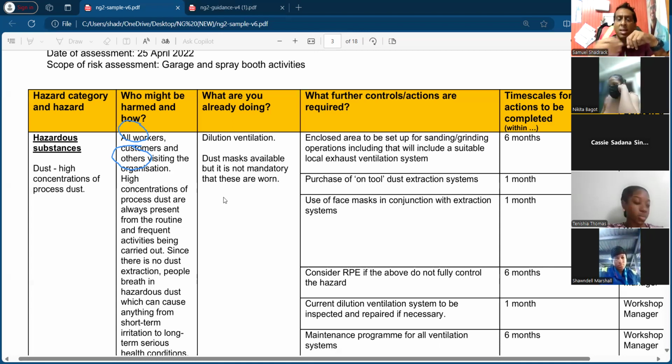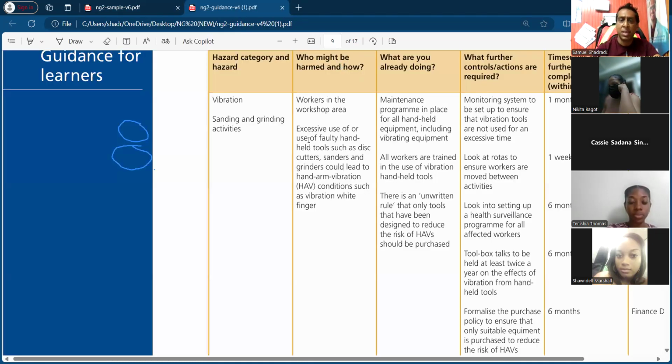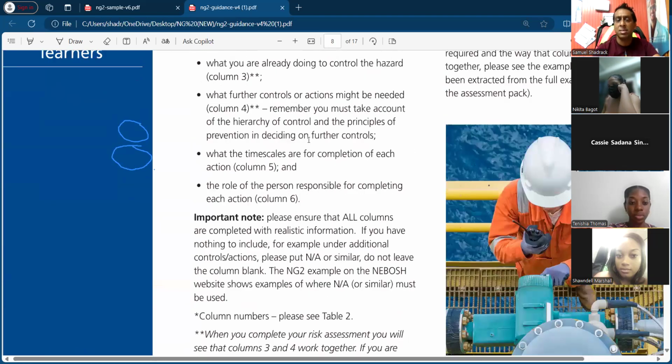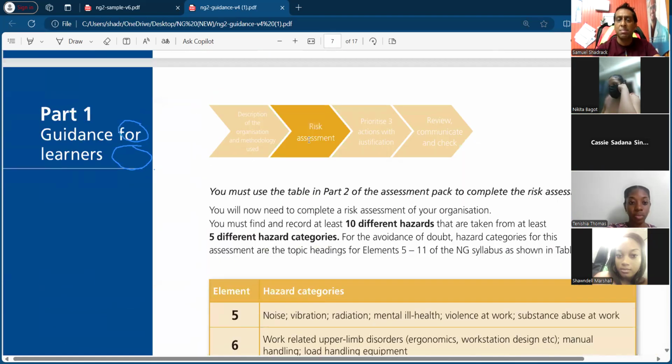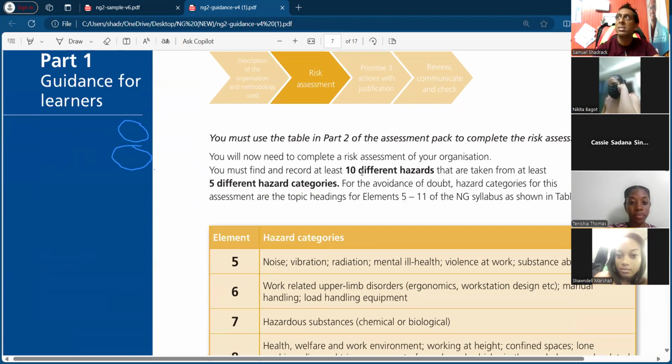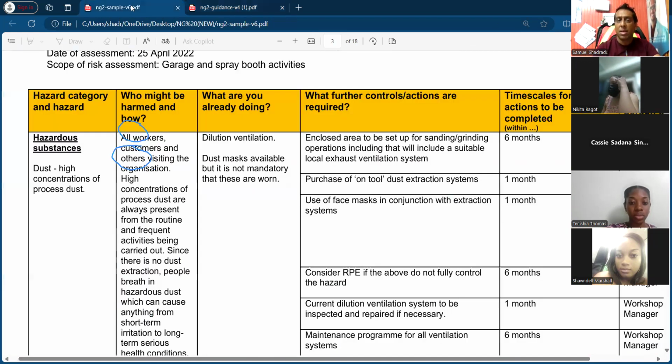If you give less than 10, you would not pass, because the requirement had said, if we go back to it, you'll see it here, the requirement had said you would need a minimum of 10 hazards, or at least 10 hazards, right? And the words at least mean more than. So you could give more than 10, but you cannot give less than 10, right?